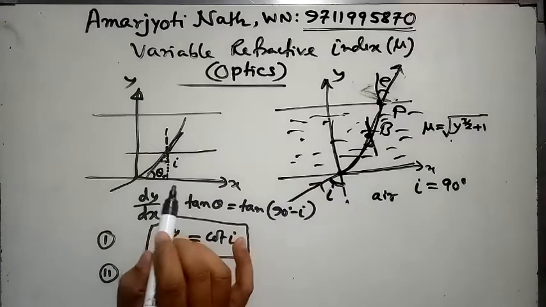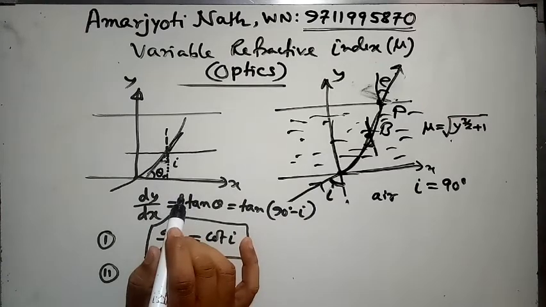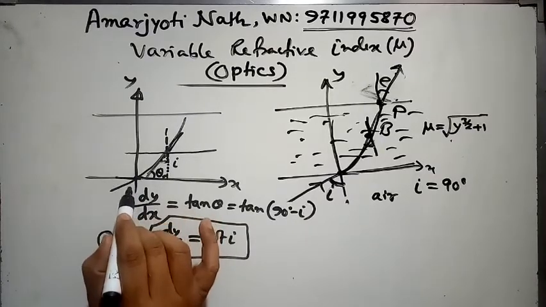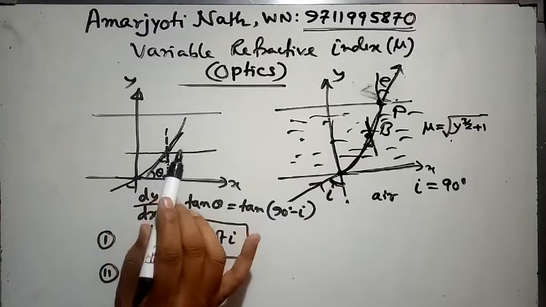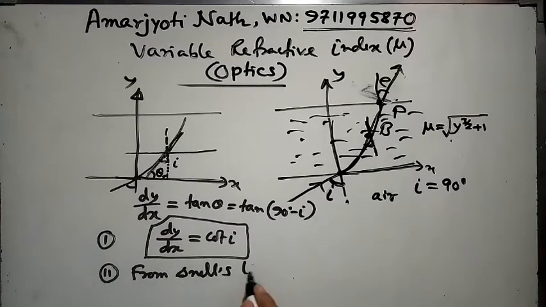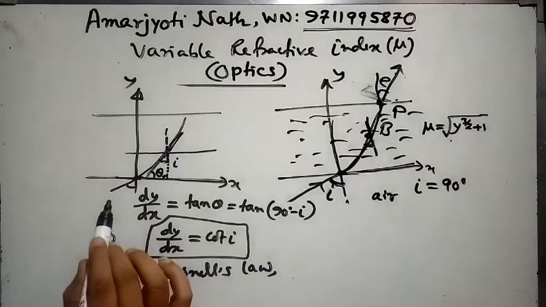If you apply Snell's law between this point and this point, what am I going to get?